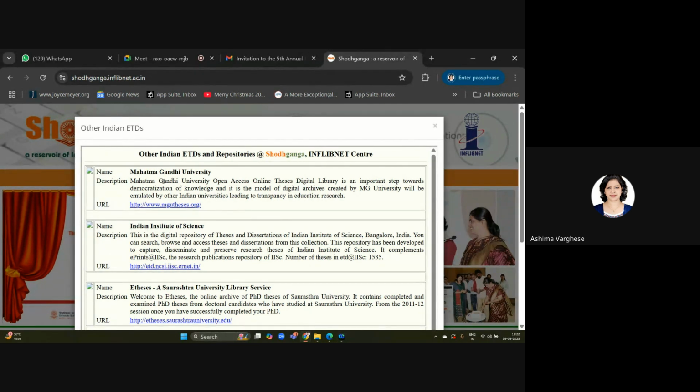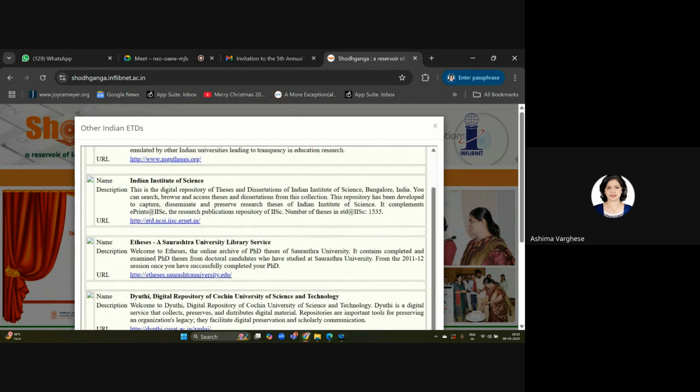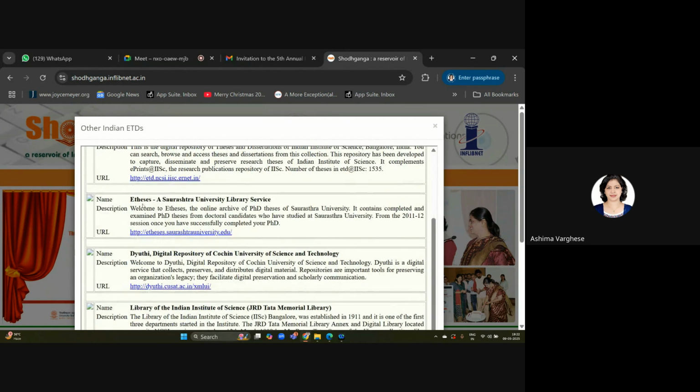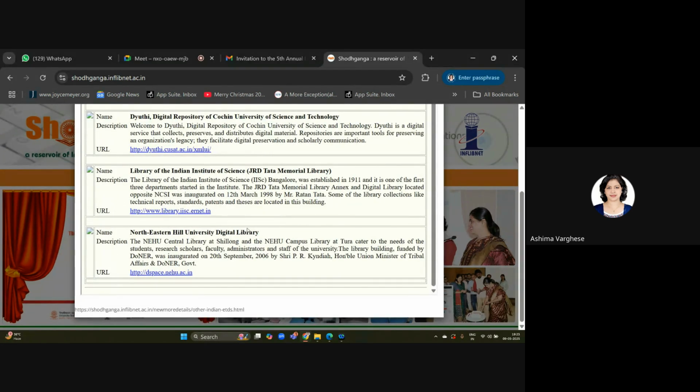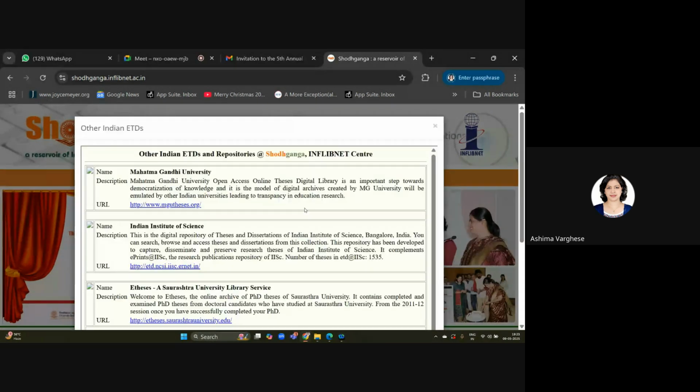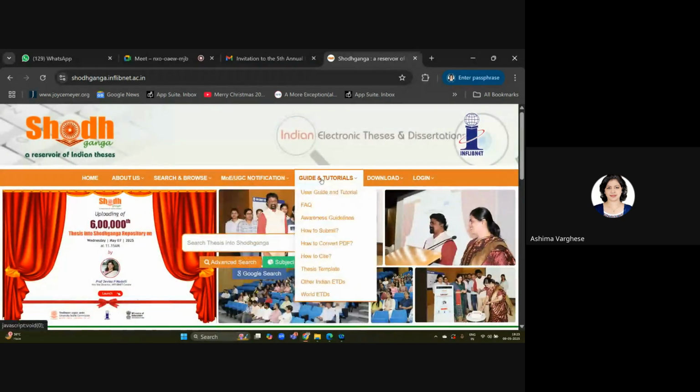See, this is Mahatma Gandhi University, an open access online ETD. It is a library, Indian Institute of Science. E-thesis from Saurashtra University. So there are a few universities where they have collected the electronic library apart from Shodh Ganga. So you can also visit that and get your model thesis downloaded.